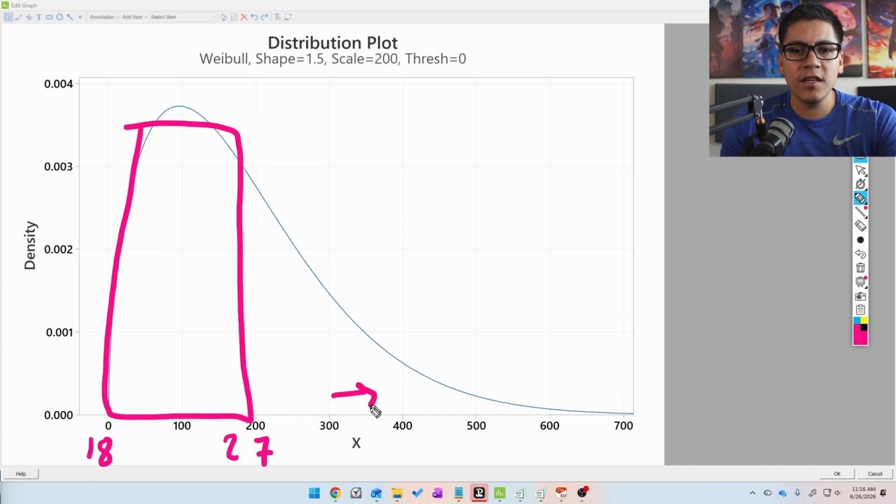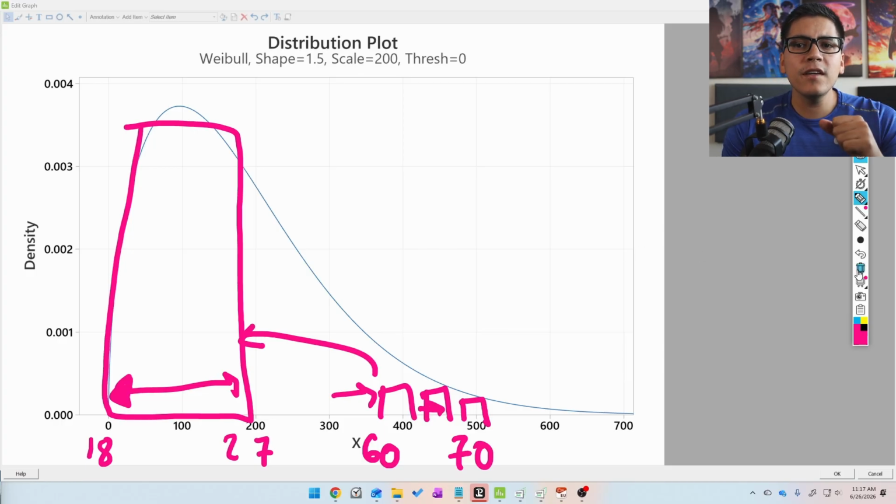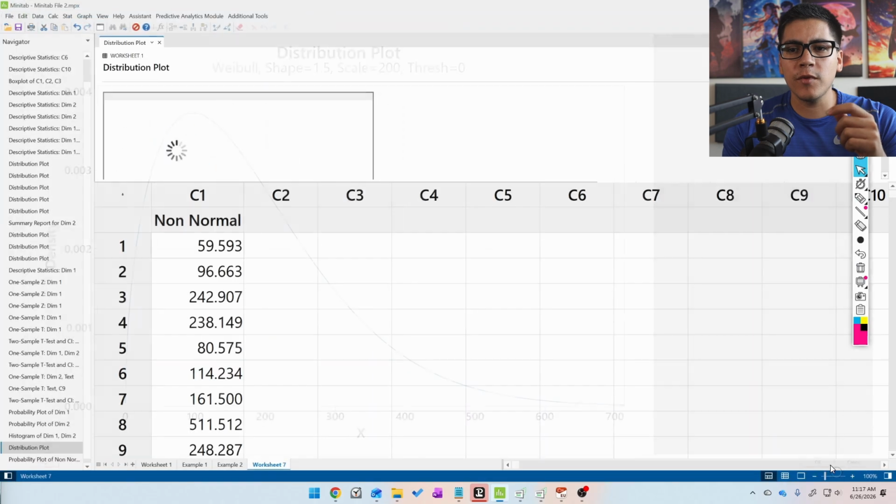So you might get somebody that is 60 years old or 70 years old, and he is going to college. But the overall total population of people who are 60 or 70 years old going to college is a lot less than the people from the 18 to 27 year gap. So again, for age type testing, most of the time, it's going to follow a non-normal type distribution, such as a Weibull. Where is normal data most common?